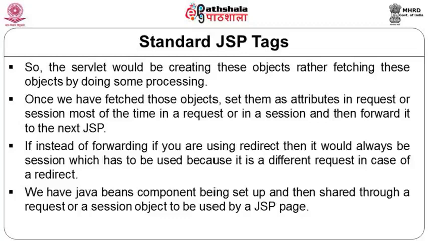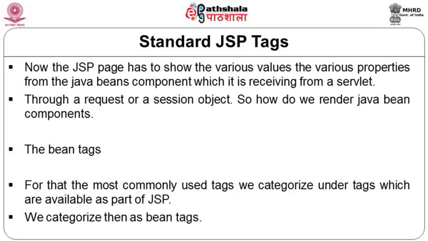In case of a forward, the Java Bean component would be set up and then shared through a request or a session object to be used by a JSP page. So, what is the JSP page going to do now? It has to show the various properties from the Java Beans component, which it is receiving from a servlet through a request or a session object in most cases.